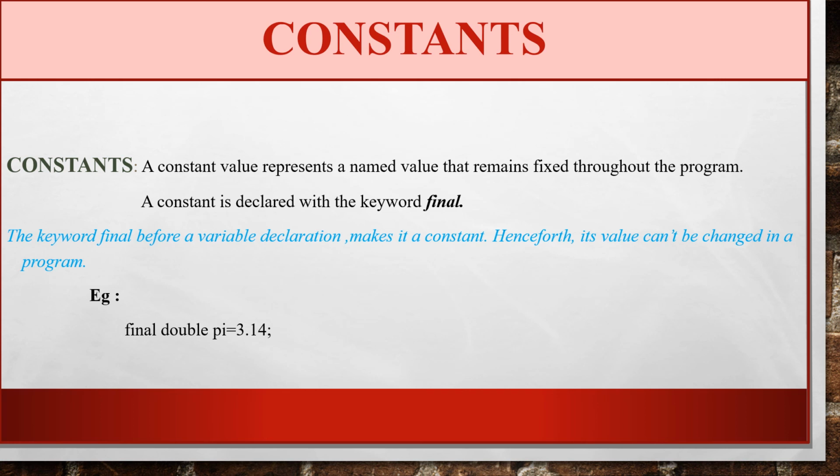Just for example, if we are writing the declaration as double pi equal to 3.14, as we know the value of pi is constant, it remains same, we can declare it as a constant. We have to just use a keyword final in lowercase letters before the declaration part, and this will make the variable pi as a constant.